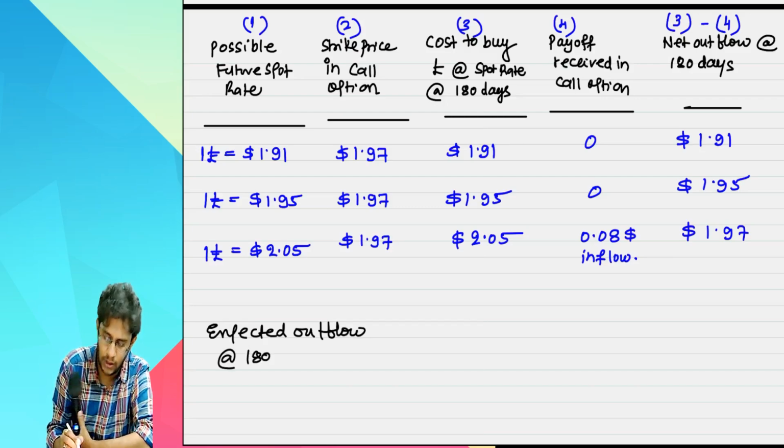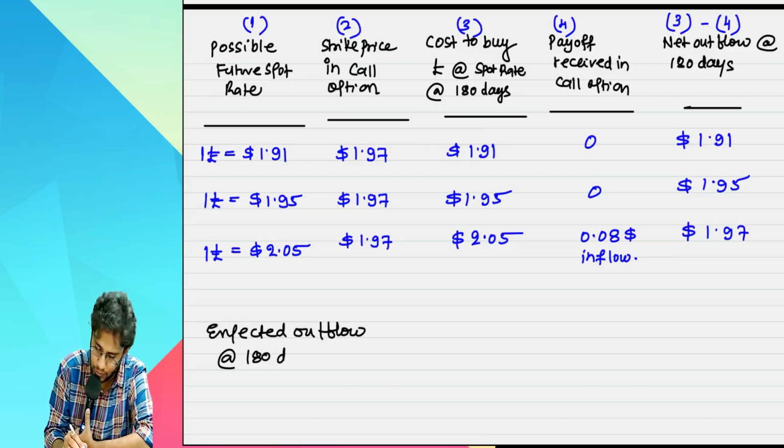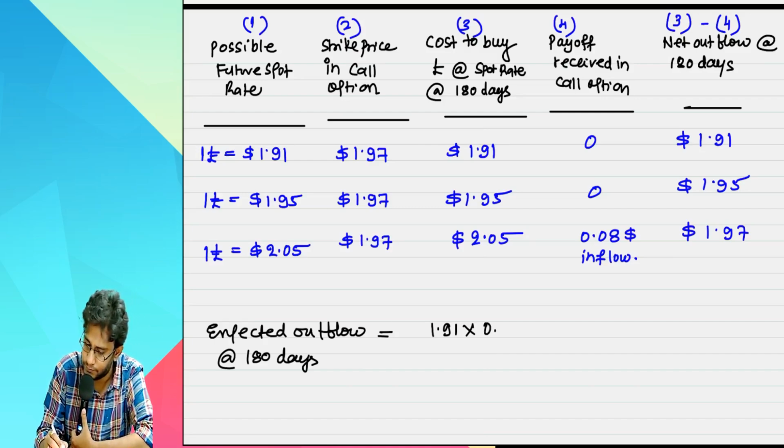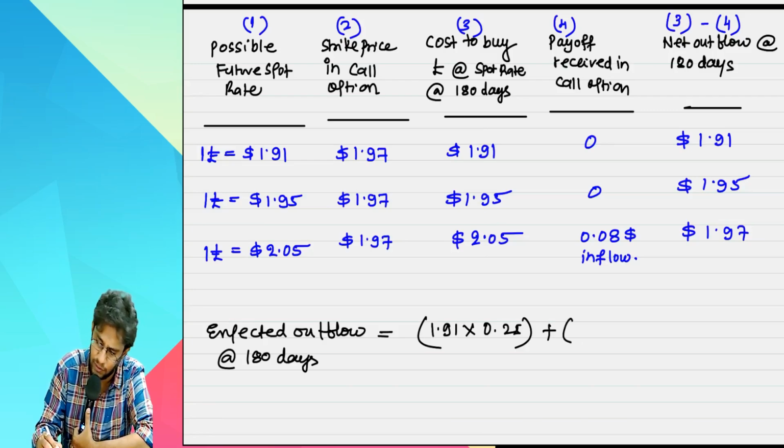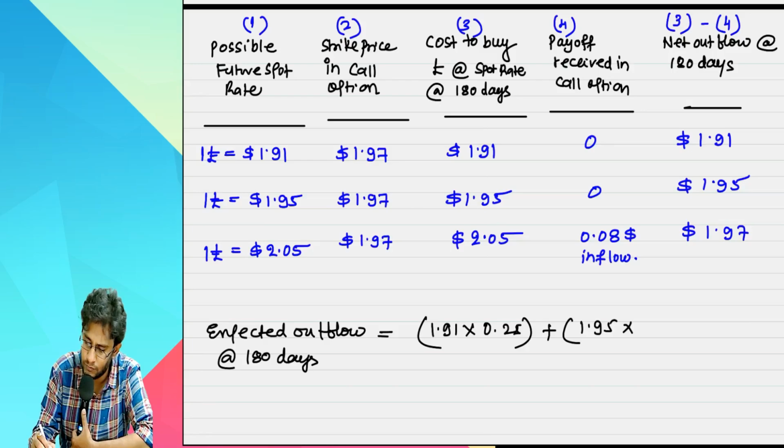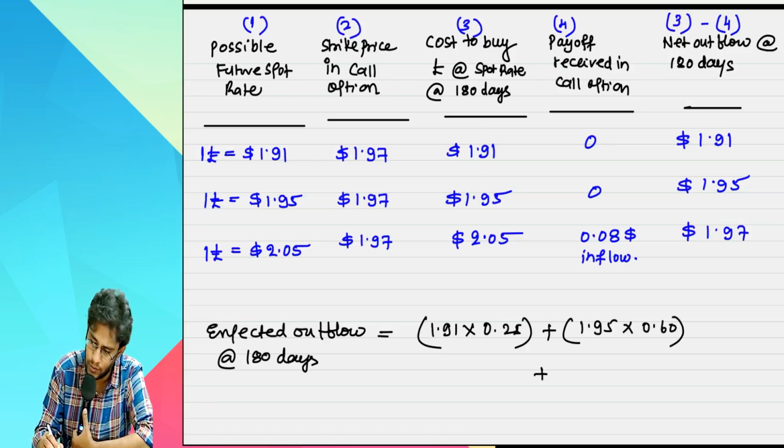at 180 days equals 1.9. What is the probability given? 25%. You can multiply with 25% directly also. This one, 1.97 into 15%.